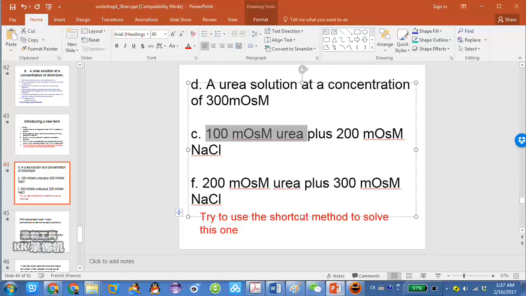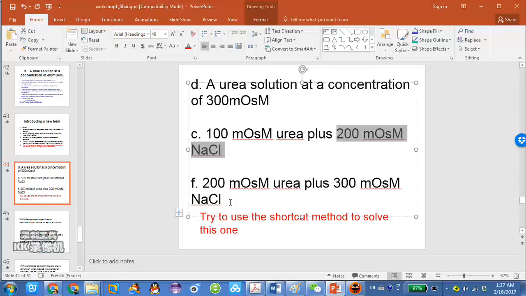So scenario C is like when we have a salt-containing cell with an osmolarity of 300 milliosmolar, and we put it into a 200 milliosmolar NaCl solution. This seems pretty simple. The outside solution is hypoosmotic to the inside, so water will move in, and the cell will swell and may eventually burst, depending on how strong the cell membrane is.